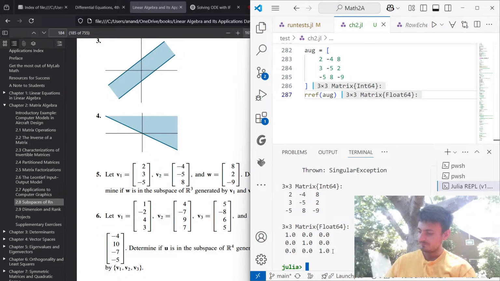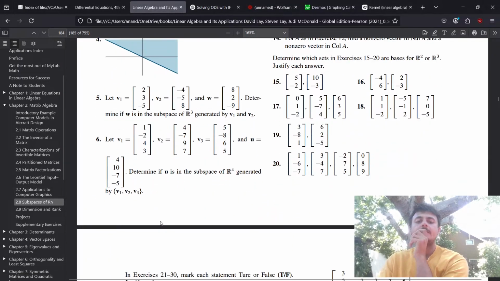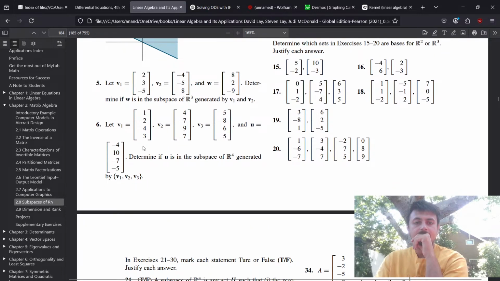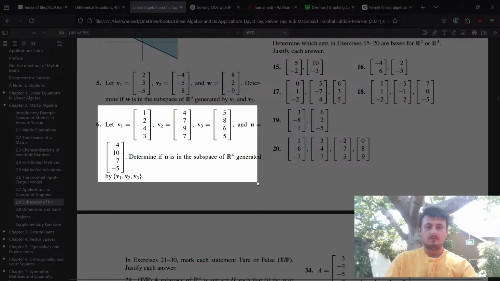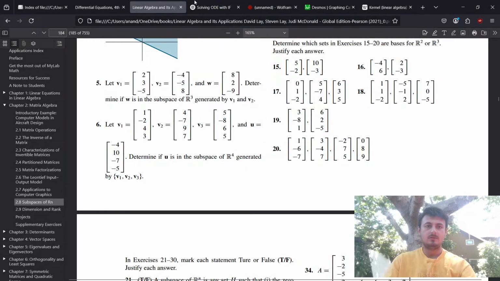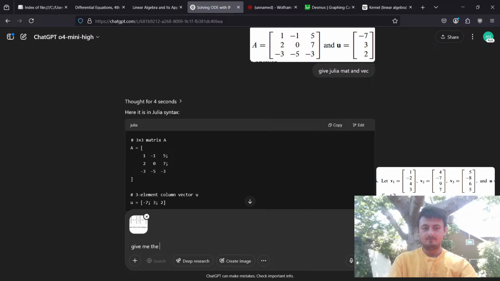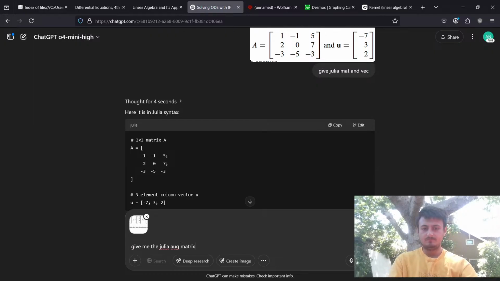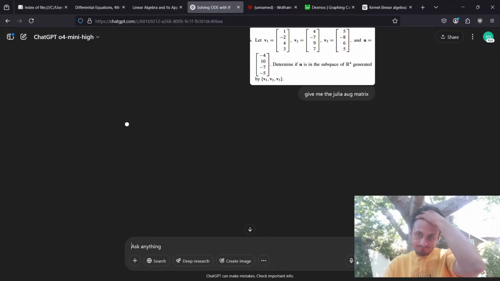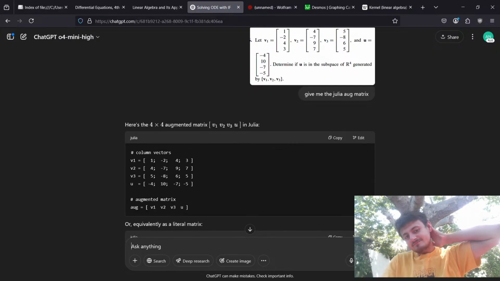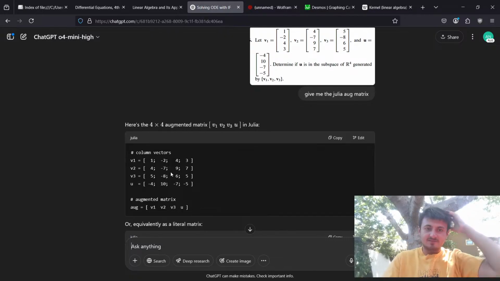So that means that W is not in the span of V1, V2. Okay. All right. So I'm just going to say, wait, why would it write it like this?